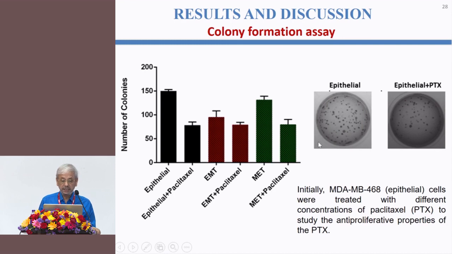So with paclitaxel, you can see epithelial cells are treated very well. Also you can see MET cells are treated very well, but the response is quite poor with the mesenchymal cells. So it confirms the drug resistance behavior of the transition.